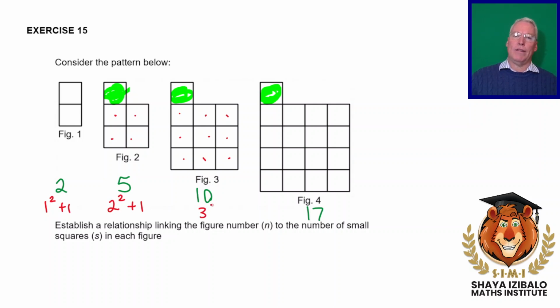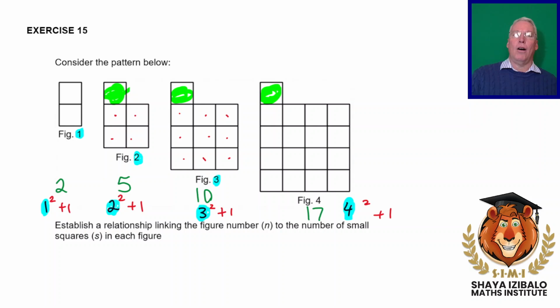This one is 3 squared plus 1. And this one is 4 squared plus 1. And this number that we're squaring is actually the figure number. So figure 3, we square 3 and add 1. For figure 4, we square 4 and add 1.